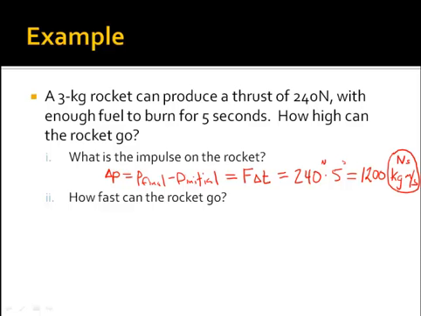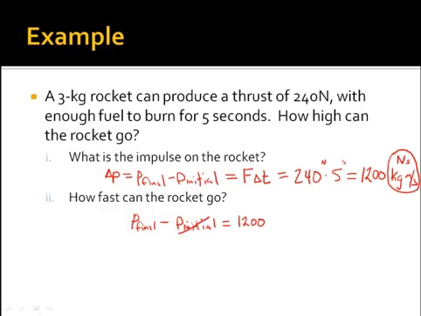So the second question is, how fast can this rocket go? That's looking ultimately for a final velocity. And so let's explore how the rest of this equation pans out. The final momentum minus the initial momentum, that's the definition of impulse, has to equal the 1,200 we just found. The initial momentum of the rocket, as it was just sitting on the launch pad, was 0 because it wasn't moving.